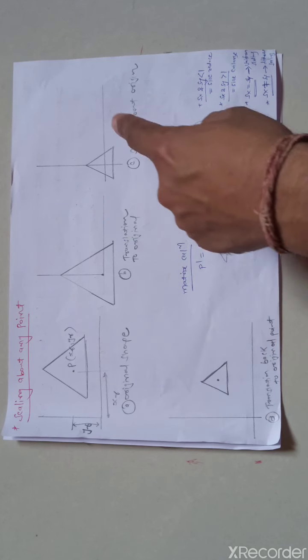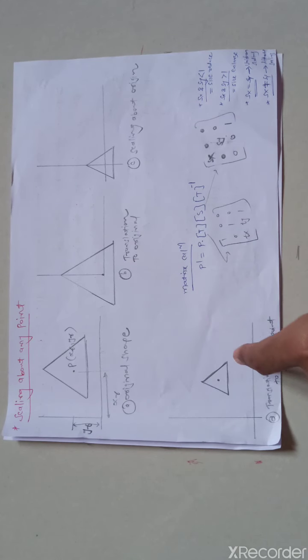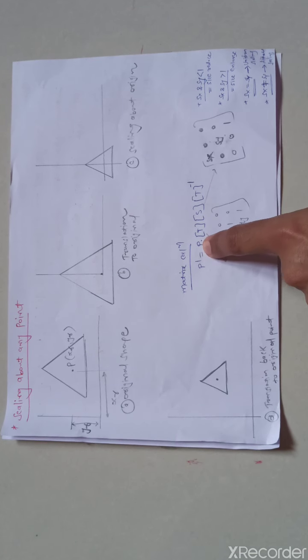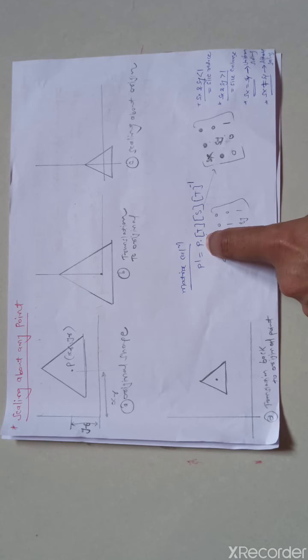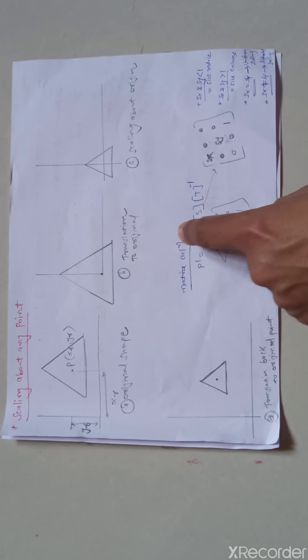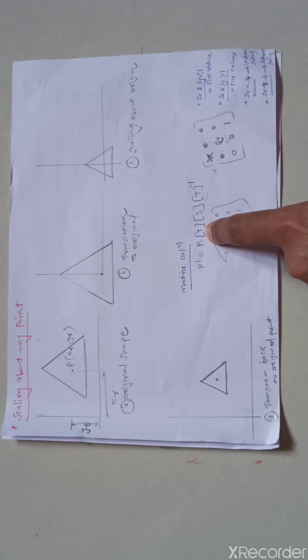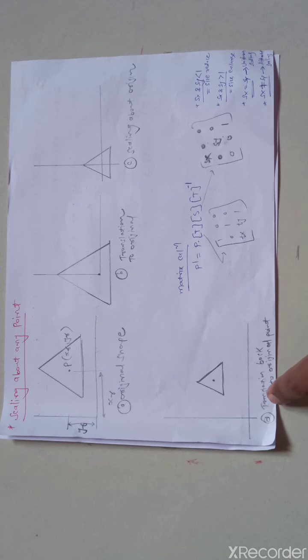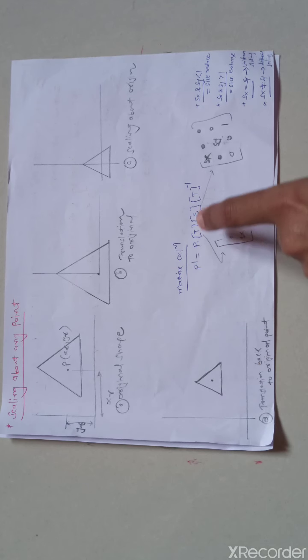Now if we write this whole operation in matrix form, then we say that the original shape is P, means we write the coordinates of the triangle here, then we perform the translation, then we perform the scaling, then we perform the inverse translation, means move back.